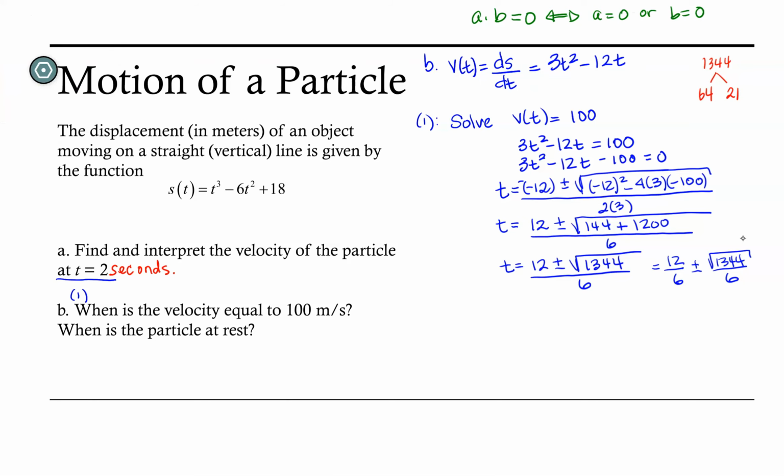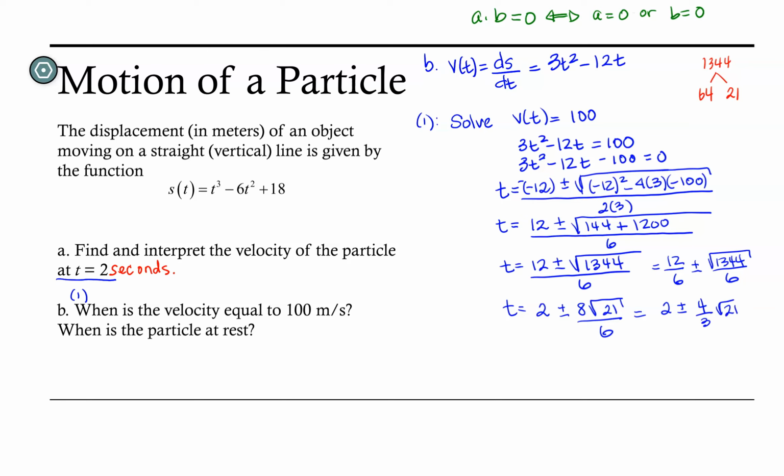And so we're going to get t equals 12 over 6 is 2, plus or minus the square root of 64 is 8, so we'll bring that out of the square root. And that leaves 21 under the radical, so 8 times the square root of 21 over 6. We can simplify the 8 and the 6, so we get 2 plus or minus, dividing both by 2, 4/3 times the square root of 21.